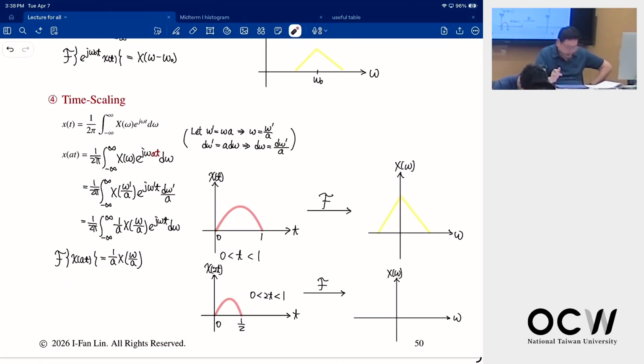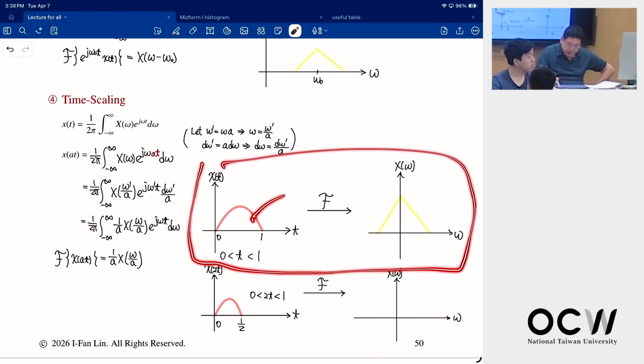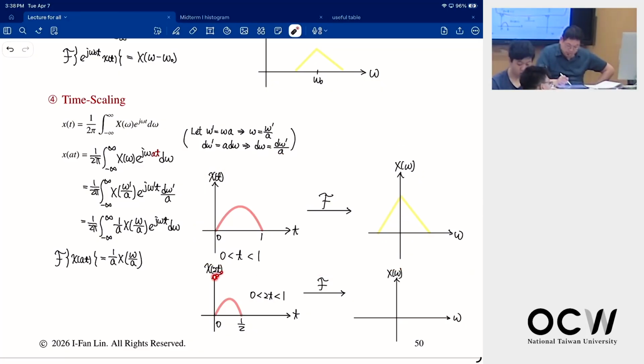Okay, so based on this time scaling, let's see. If I have a signal and then the Fourier transform is this. Now I compress. Okay, if I compress, what happens in frequency domain? First, let's see how about the magnitude.